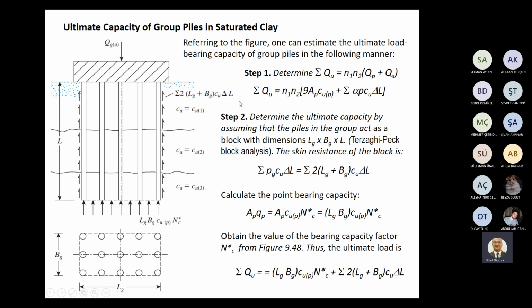And in step 2, we will determine the ultimate capacity by assuming that the piles in the group act as a block with dimensions LG, BG, and L. Suppose that our pile group with soil inside behaves as a huge raft foundation.